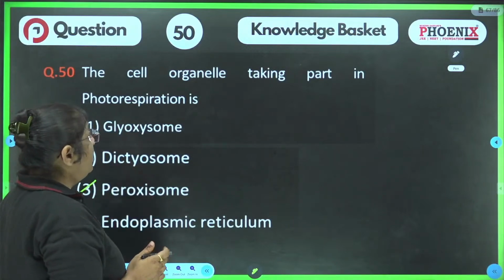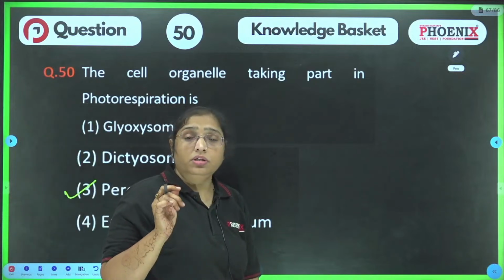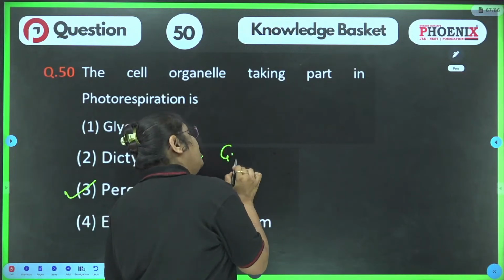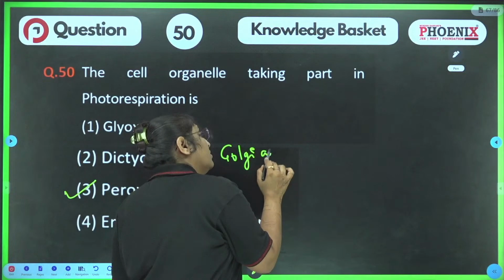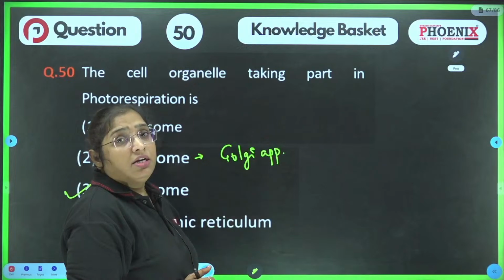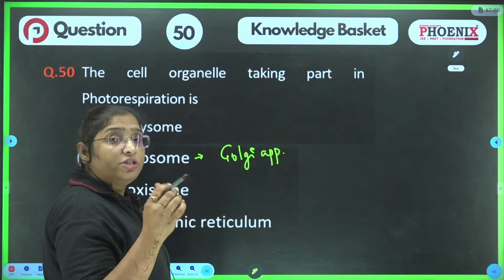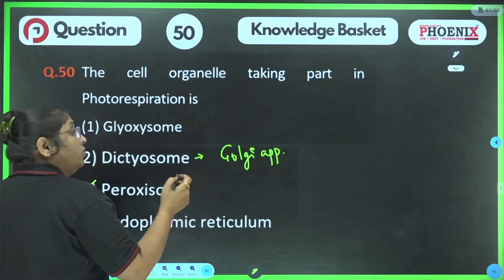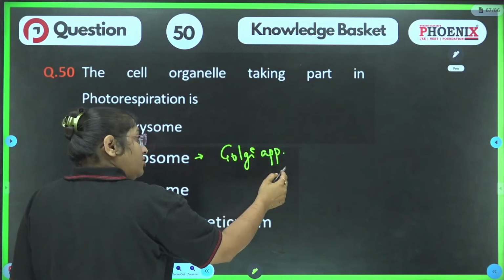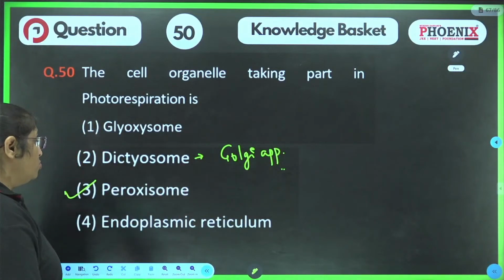Now coming to the dictyosome. Dictyosome is also the Golgi apparatus, but in plants the Golgi apparatus is termed as dictyosomes. It has some different functions and also there is a difference in structure. So in animals we term it as a Golgi apparatus, but in plants we term it as dictyosomes.